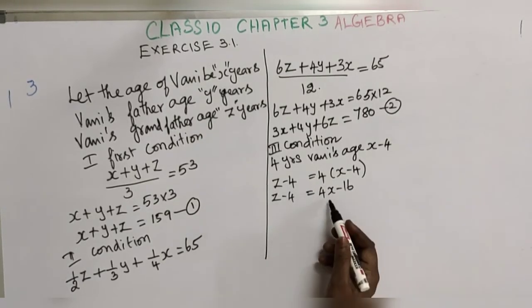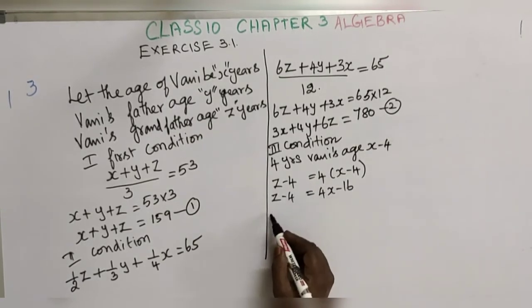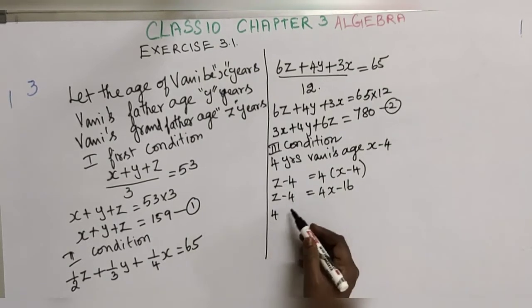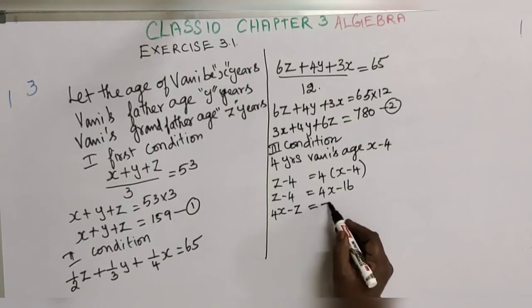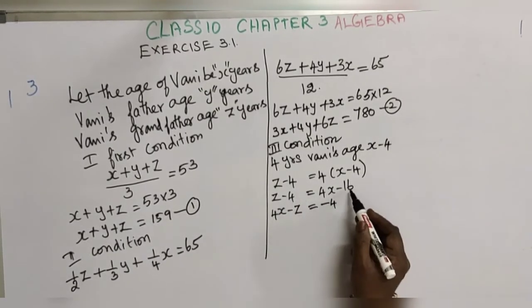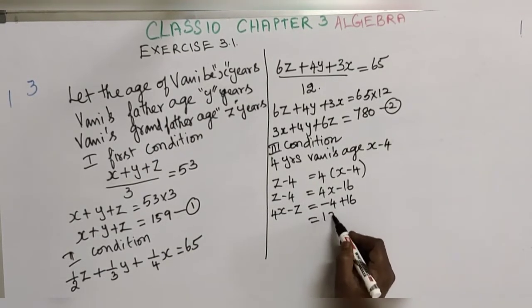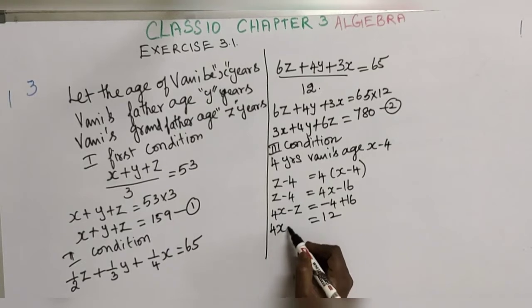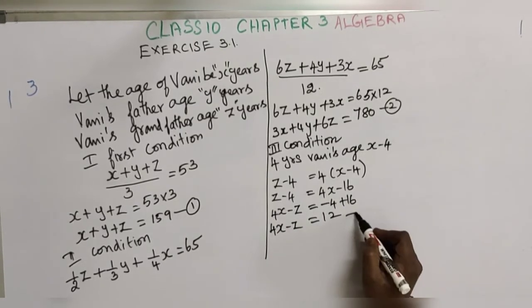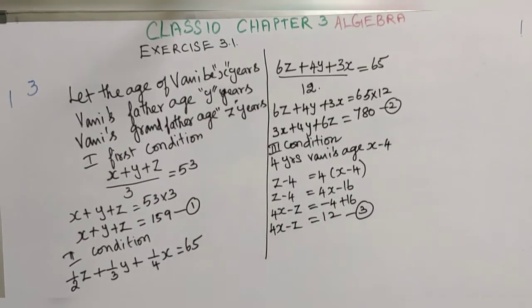Bring all the variables to one side. Taking z to that side, 4x minus z equal to minus 4 plus 16, that is 12. So 4x minus z equal to 12. Have that as third equation.